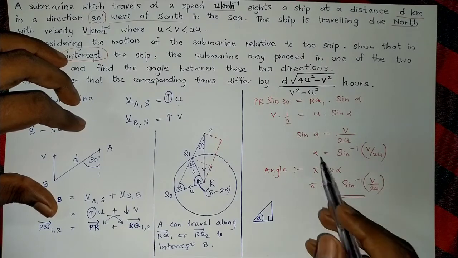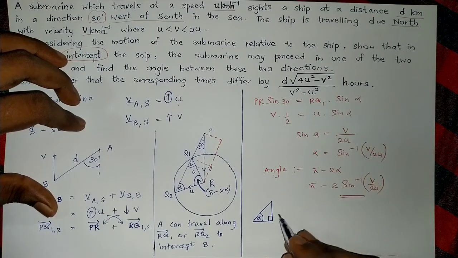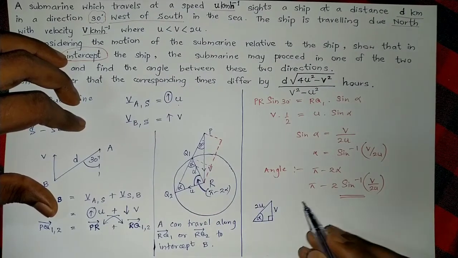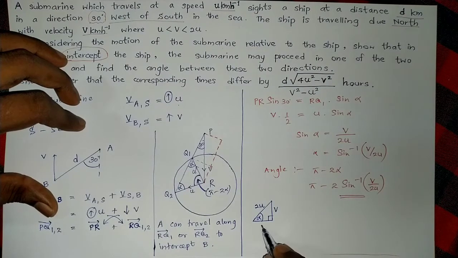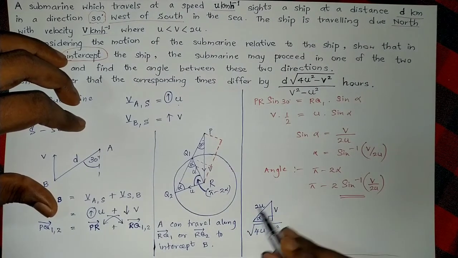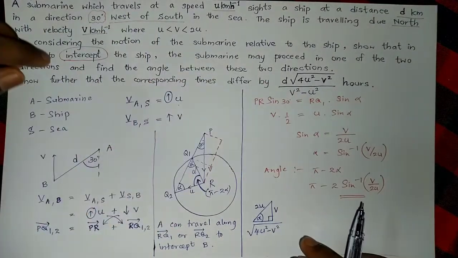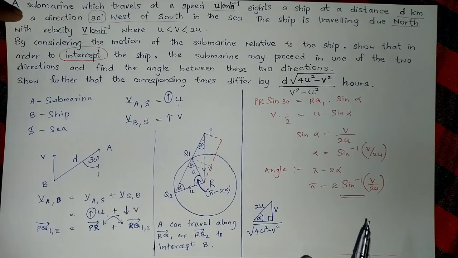So sin alpha, we found that as V over 2U, that is opposite side V, hypotenuse is 2U. Then the adjacent side, from the Pythagoras relation, I can take that as the square root of 4U squared minus V squared. So this can be useful to show the expression given in the next part.